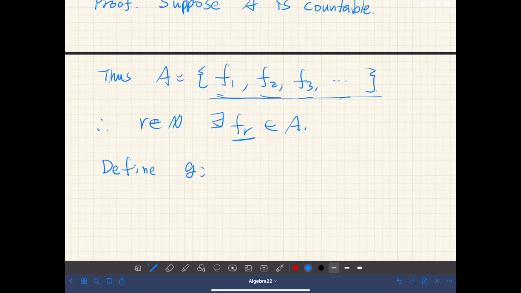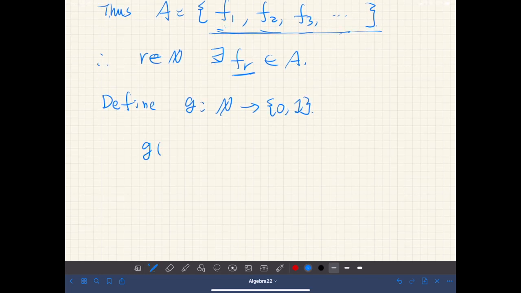Mapping g from N to {0, 1} by this: g(n) is equal to 0 if f_n(n) is 1, and 1 if f_n(n) is 0.